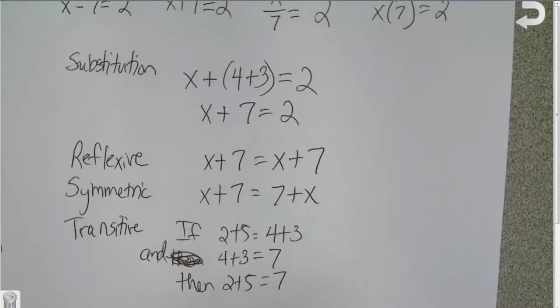That's a really easy example of how to use a transitive property, but you get the idea.